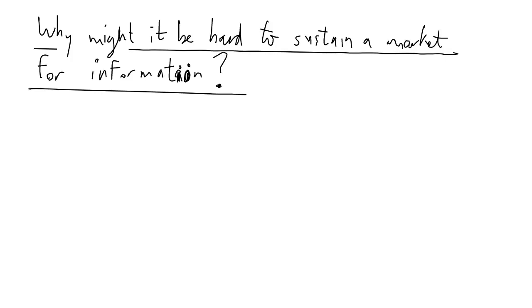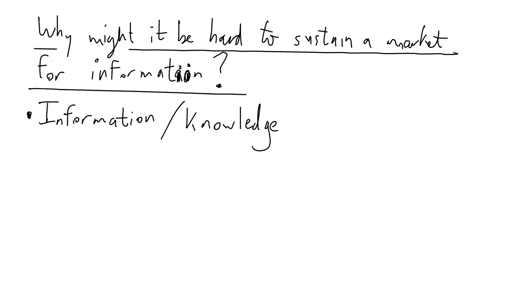There's a key feature of information, or maybe more broadly, knowledge, which is that information and knowledge, unlike other goods, these things are what's called non-rival.